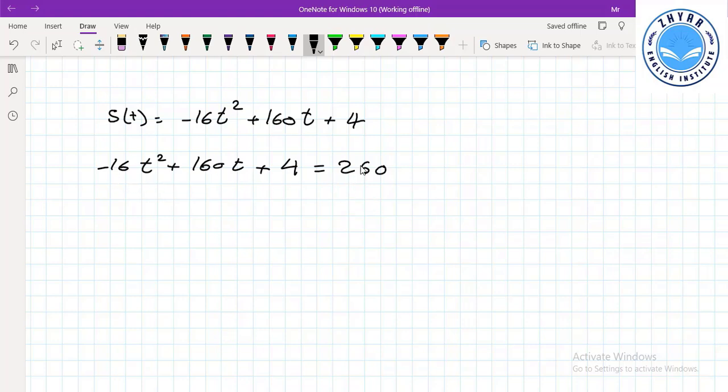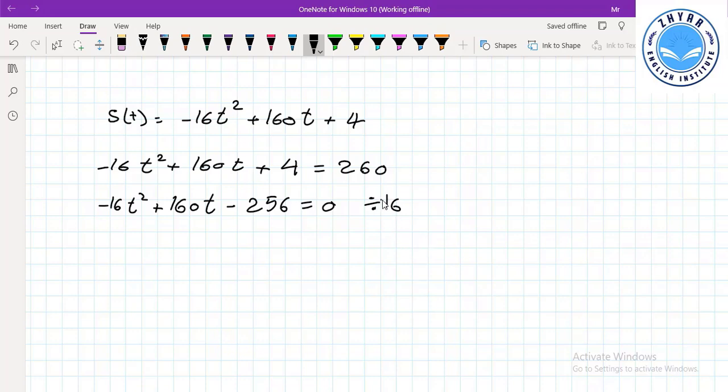Okay, let's send 260 to the other side. So negative 16t squared plus 160t, that's positive, this will be negative, so minus 260 minus 4 is 256, equal to 0. These three numbers are all divisible by 16. Let's divide by 16 to make it look easier.